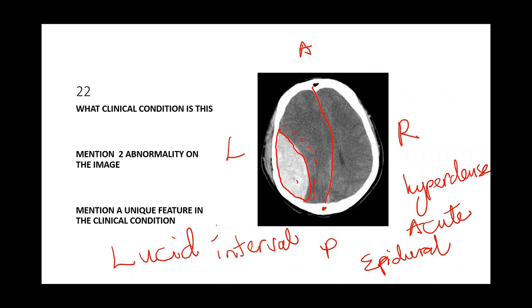The lucid interval is a period of consciousness following prolonged unconsciousness. Is that a period of awareness in between two episodes of loss of consciousness? The initial loss of consciousness is at the primary brain injury, the primary impact.